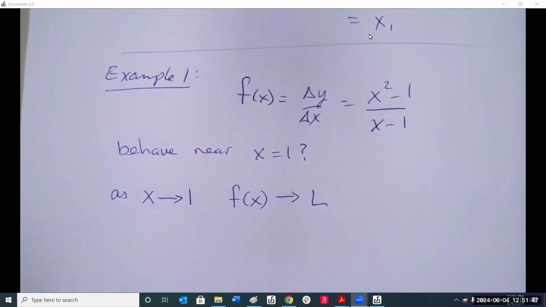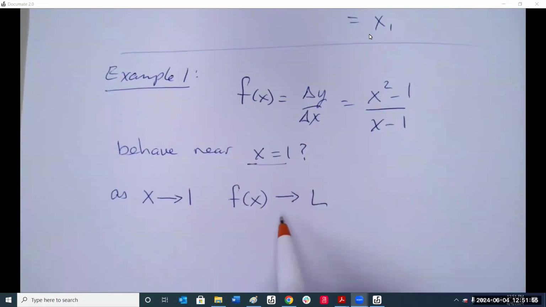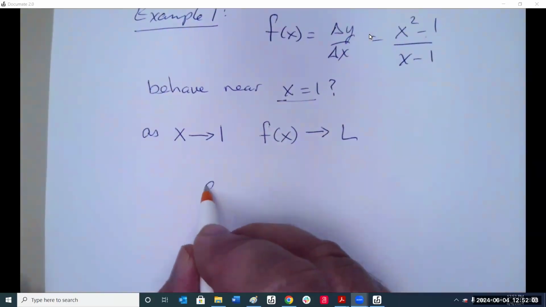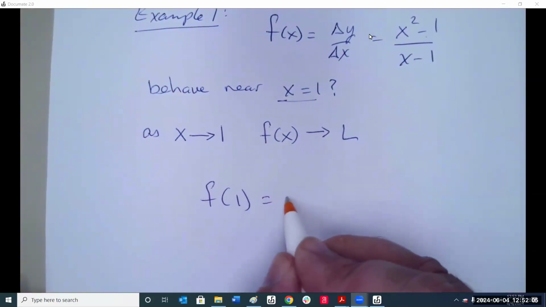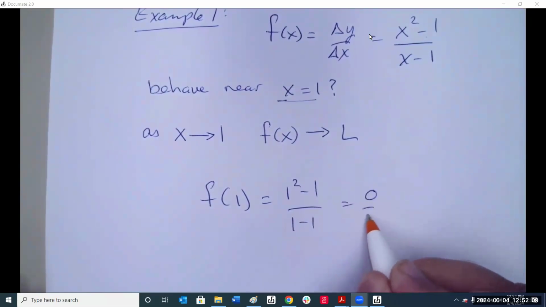But before you do anything, whenever you talk about equations and it says at x equals 1, first thing you do is always just plug it in there, see what happens. If you plug it in there, what happens? We get 1 squared minus 1 over 1 minus 1. We get 0 over 0.